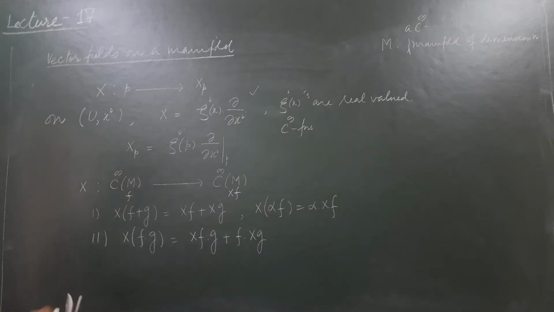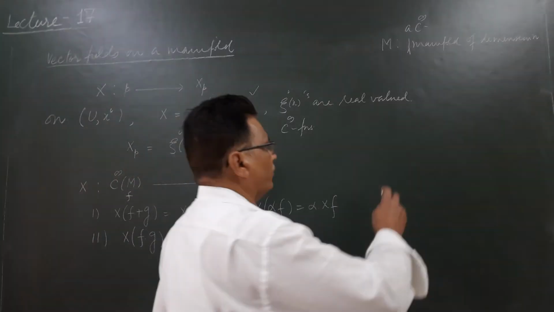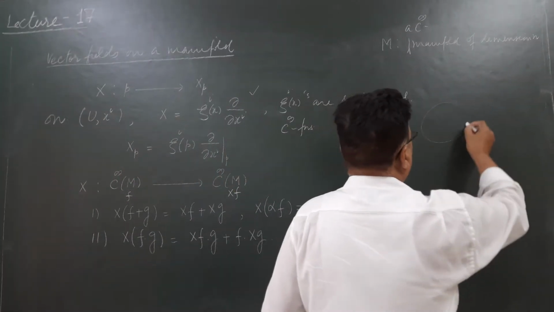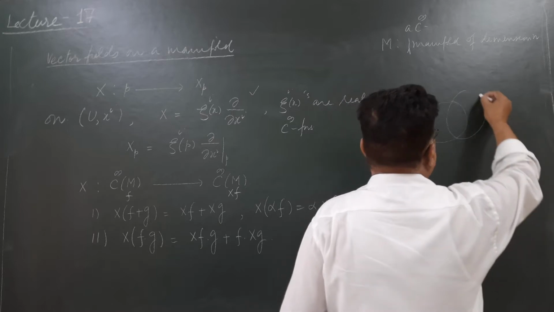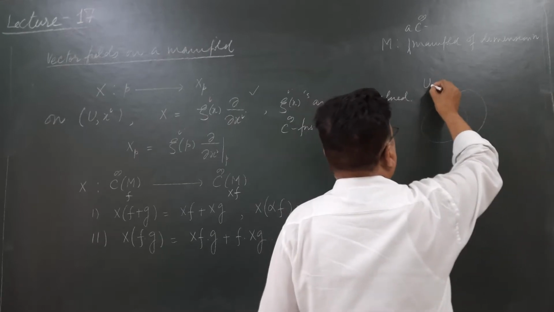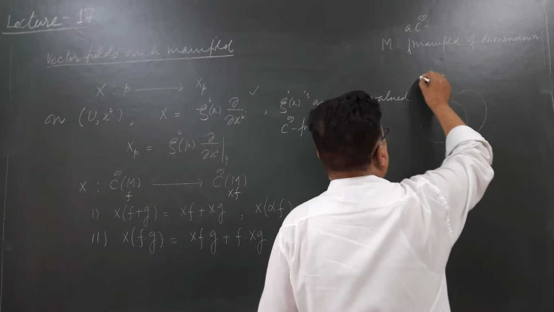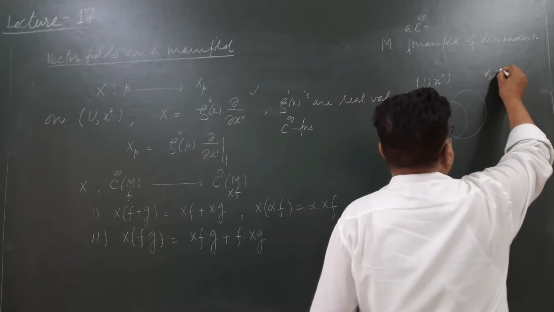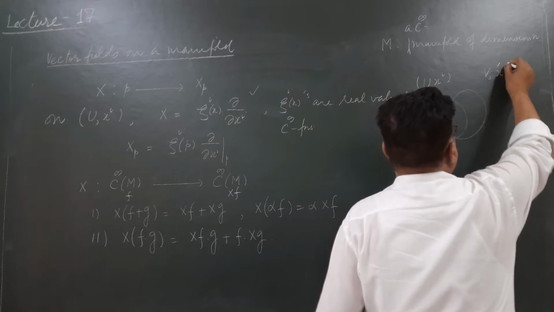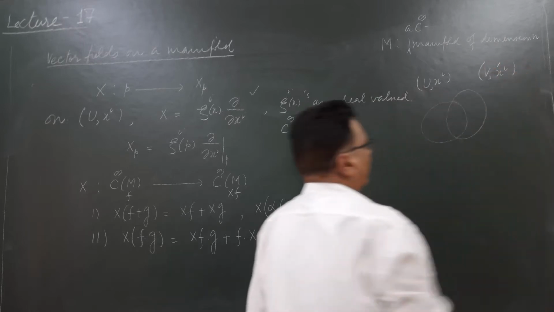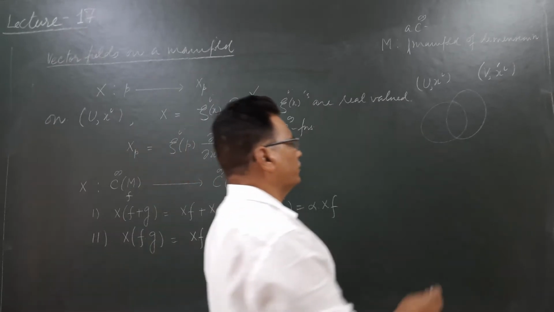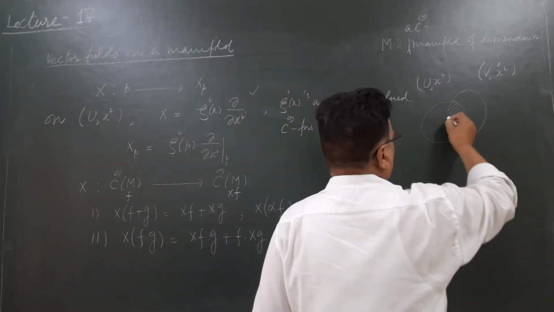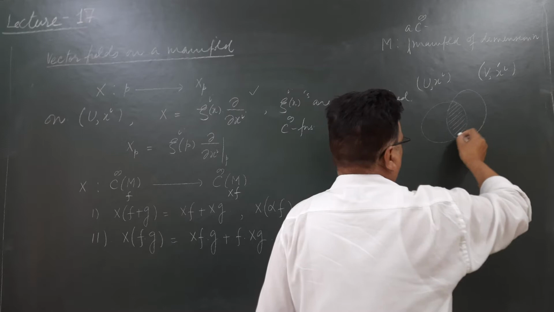Now, there is another thing. If you are looking at a vector field locally, suppose there are two coordinate neighborhoods, one is U, x i, and the other is V, x dash i. And these coordinate neighborhoods overlap each other smoothly.